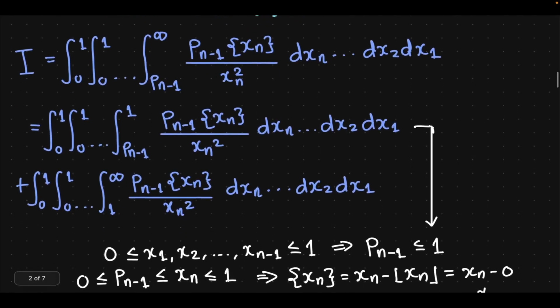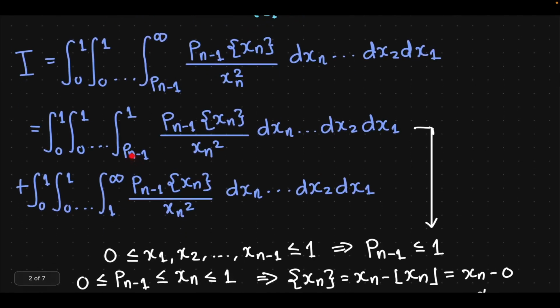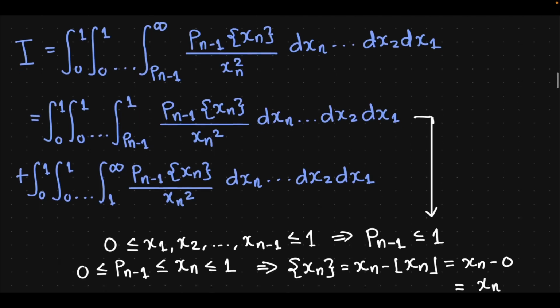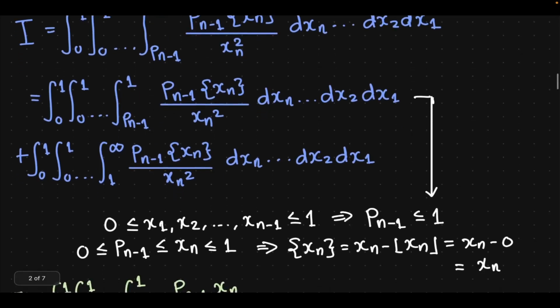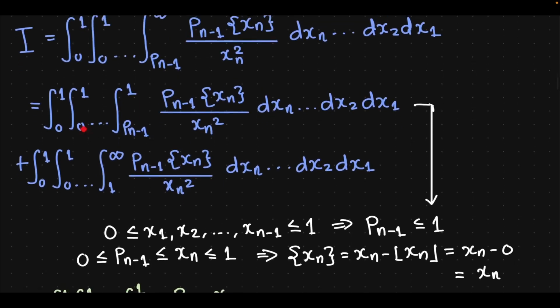First of all, let's look at the first piece, the Pn minus 1 to 1 integral in dxn. Everything else is the same, so I'm not going to bother repeating that for each of the integrals. Notice for the first integral, x1, x2 till xn minus 1 are bounded from 0 to 1 because the bounds of integration are from 0 to 1.